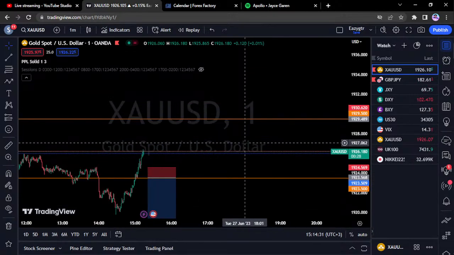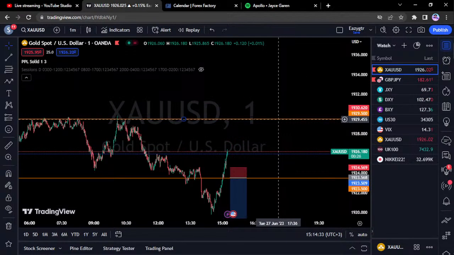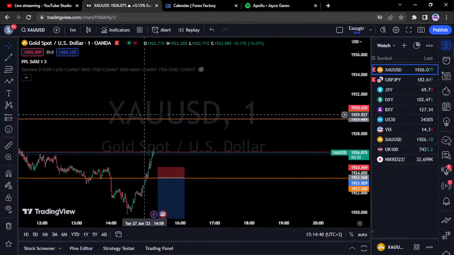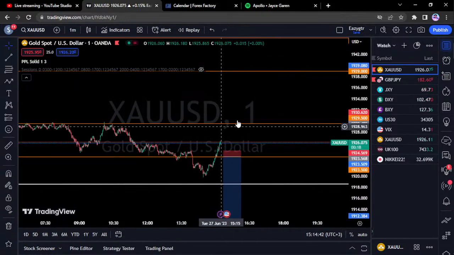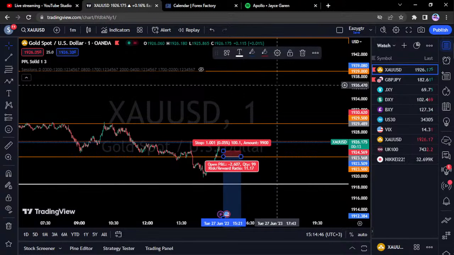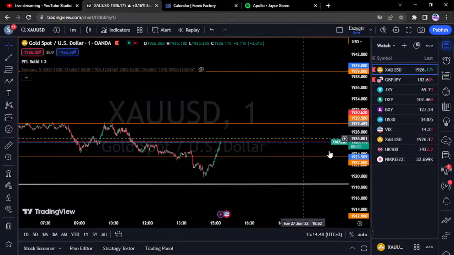So you could also get sell entries at 1929.500. It all depends on price action. So we just watch what price does, then execute. So right now this one has been invalidated.